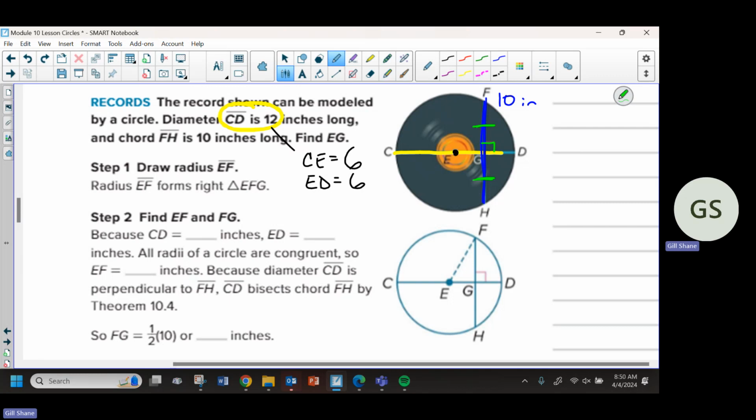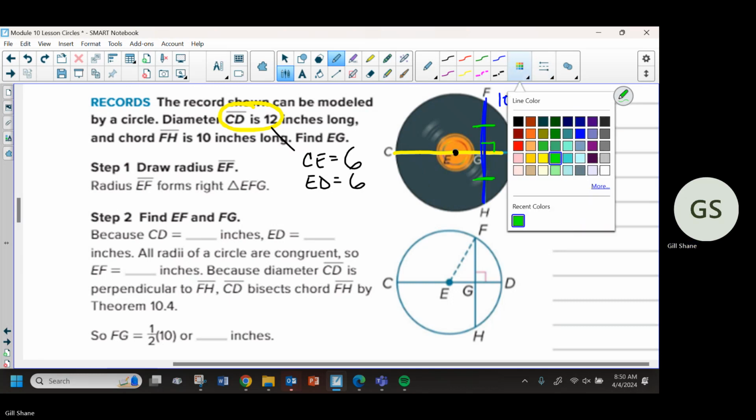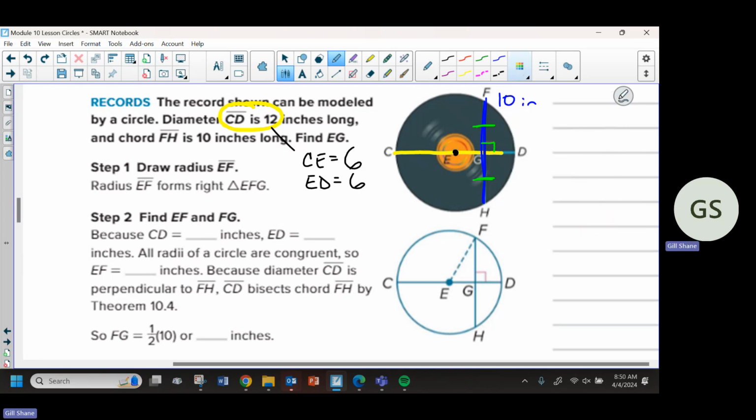What is GH? There you go. And now that's probably everything I need. So I'll just write over here. FG is 5, GH is 5. That's all the information I have.